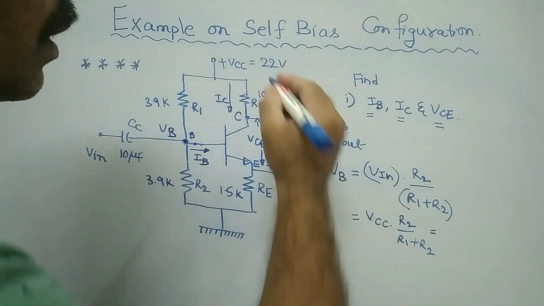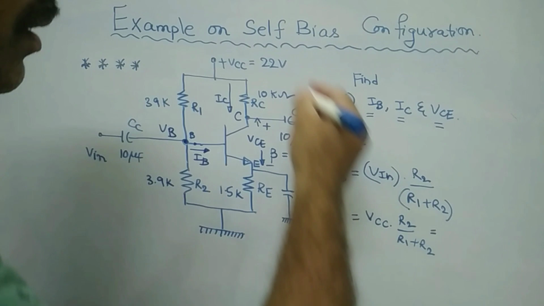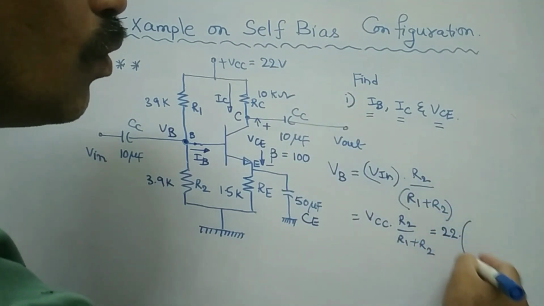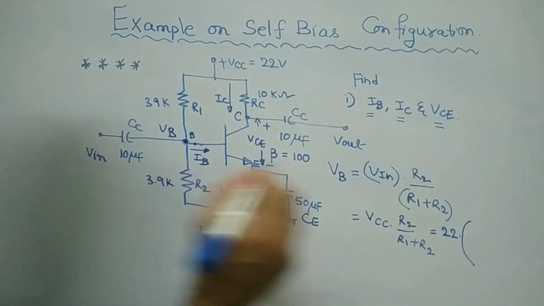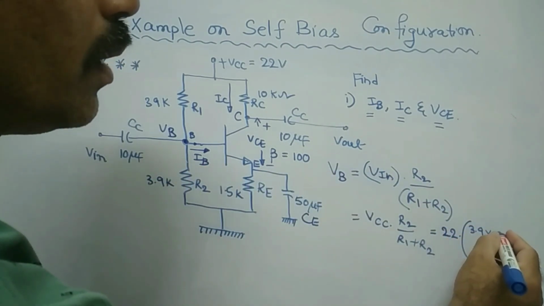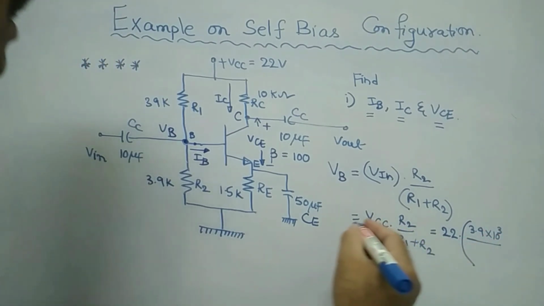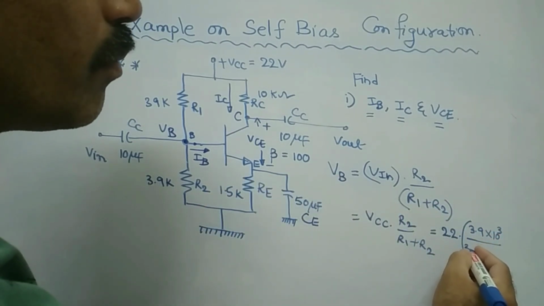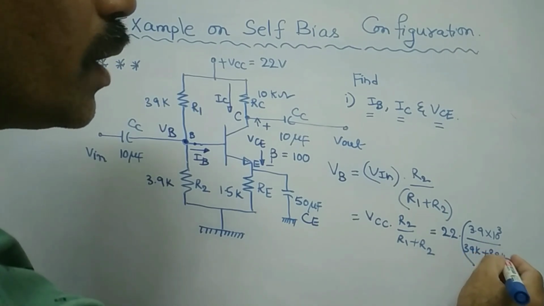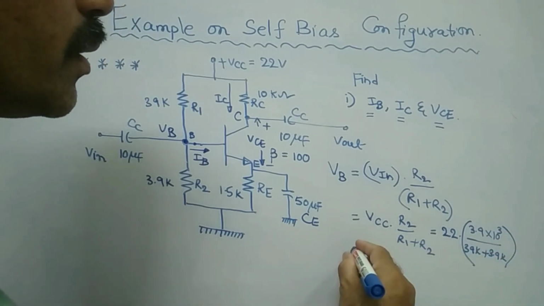And further, what is the VCC value? You can substitute the given parameters. It is 22 volts times R2, which is 3.9 K, 3.9 into 10 power 3, divided by R1, which is 39 K, plus 3.9 K. You can simplify with your calculators.